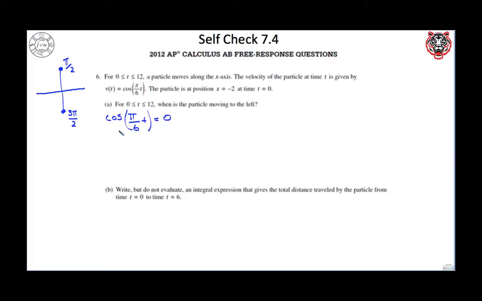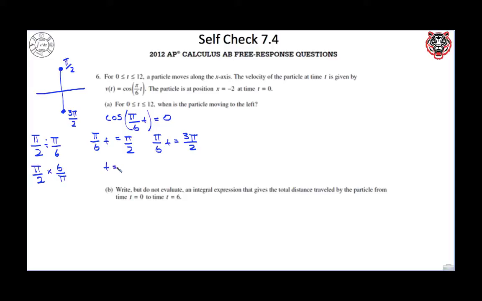So we need to find the position where pi over 6t is equal to these 2 points. You can set this up as two equations. The first equation is pi over 6t equal to pi over 2, and pi over 6t equal to 3 pi over 2. If I divide both sides by pi over 6, you're really doing pi over 2 divided by pi over 6, and then you keep it, change it, flip it, so it's pi over 2 times 6 over pi, and this is going to be 3.